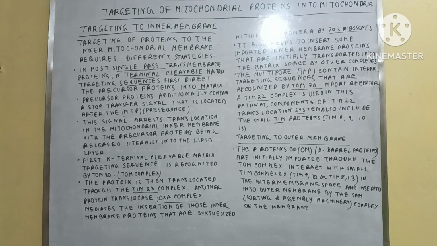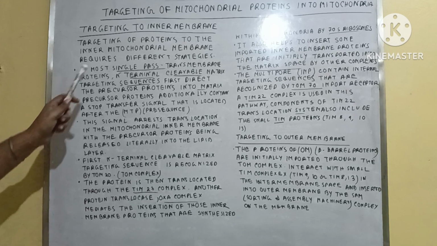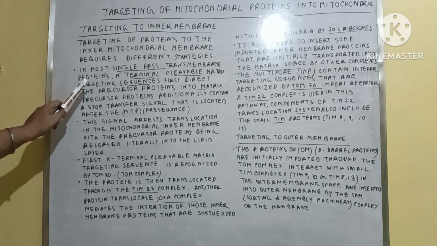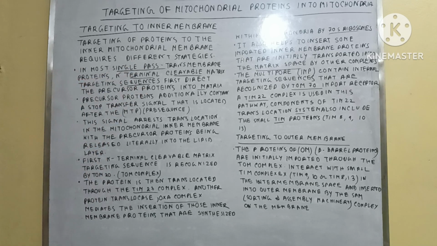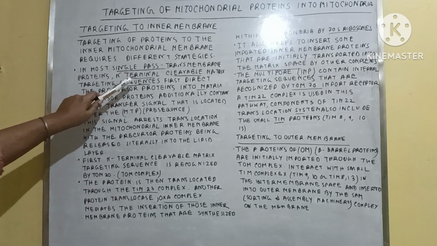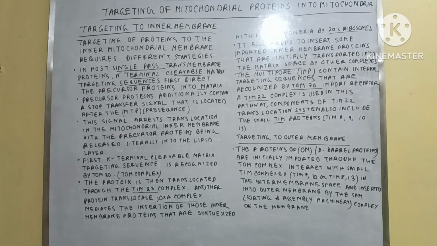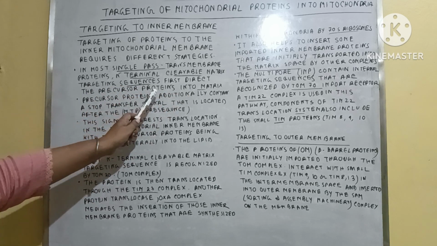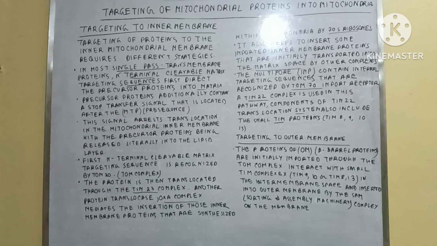Okay. Strategies. In most cases there are generally two kinds of membrane proteins: single pass and multipass. Here, the single pass transmembrane proteins, or the N-terminal cleavable matrix targeting sequences, first direct the precursor proteins into the matrix.